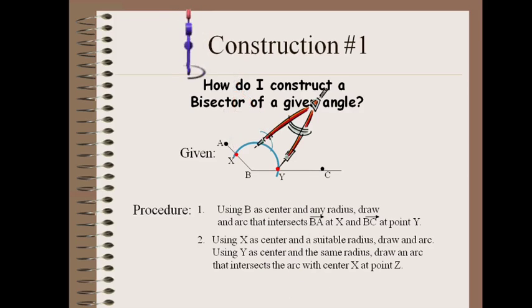I'll interchange my position, I'll keep my pointer at Y, and I'll inscribe another arc, and both the arcs will intersect each other at one common point, and this point of intersection can be labeled as Z. When I'll join BZ, this is the required angle bisector of angle ABC. Angle bisector, we know, a line which divides the given angle into two equal parts.